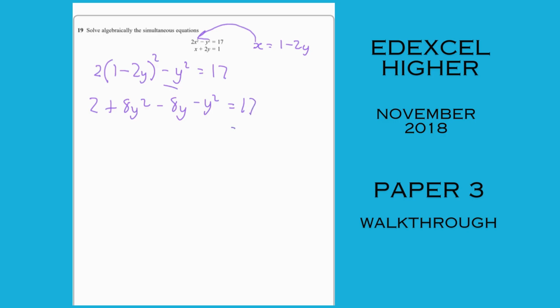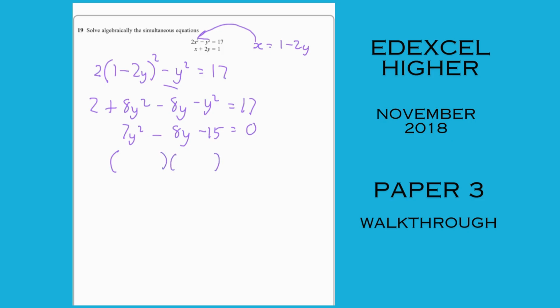Let's simplify and equate to 0. So 8y squared minus 1y squared is 7y squared. So it's not friendly, but at least it's a prime number. So we've got 7y and y in our brackets. Then we've got minus 8y. And we've got 2 take away 17, we've got minus 15.